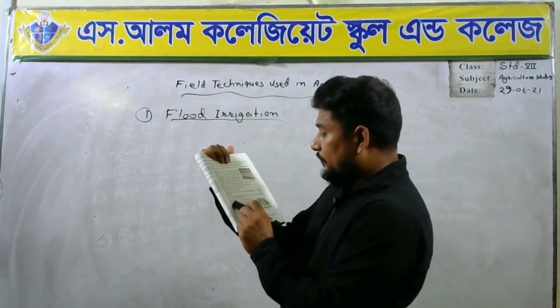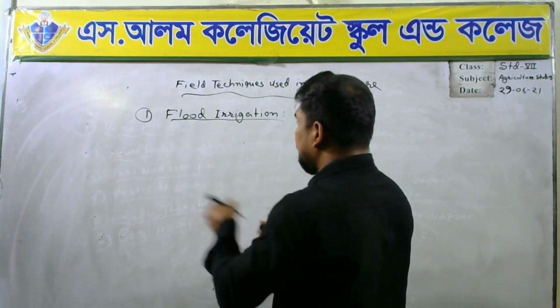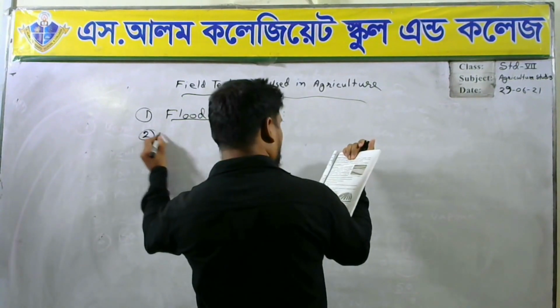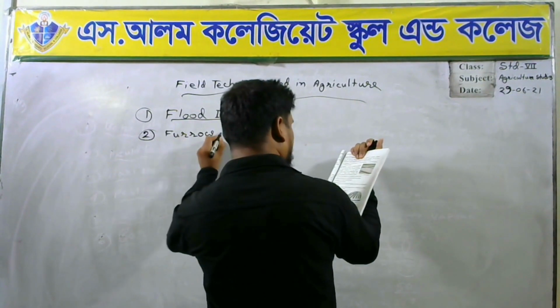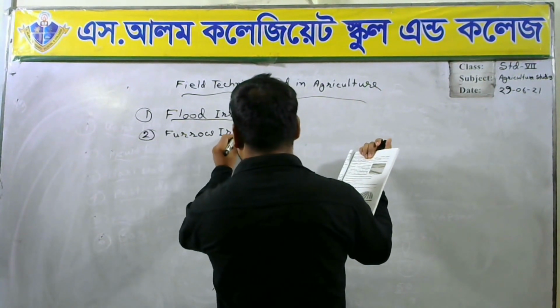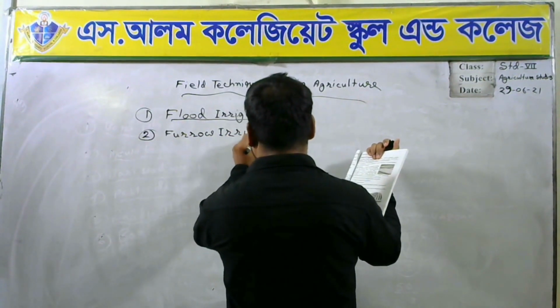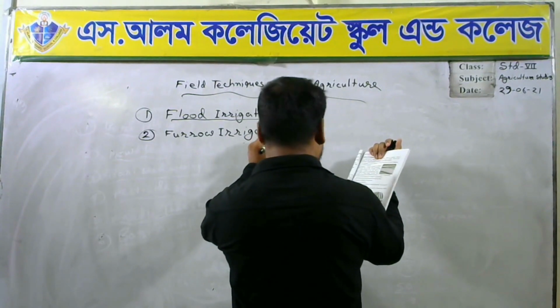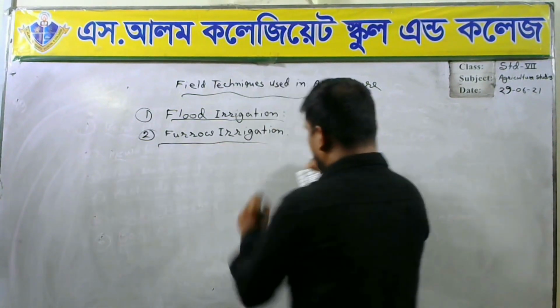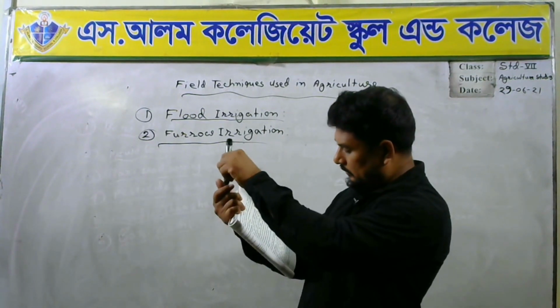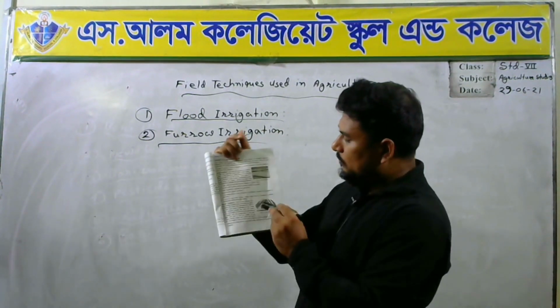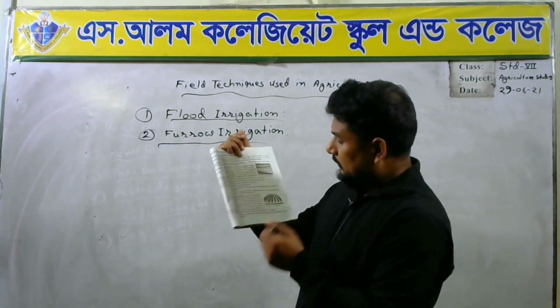Number 2, furrow irrigation. Look at the picture. Many crops are in lines.